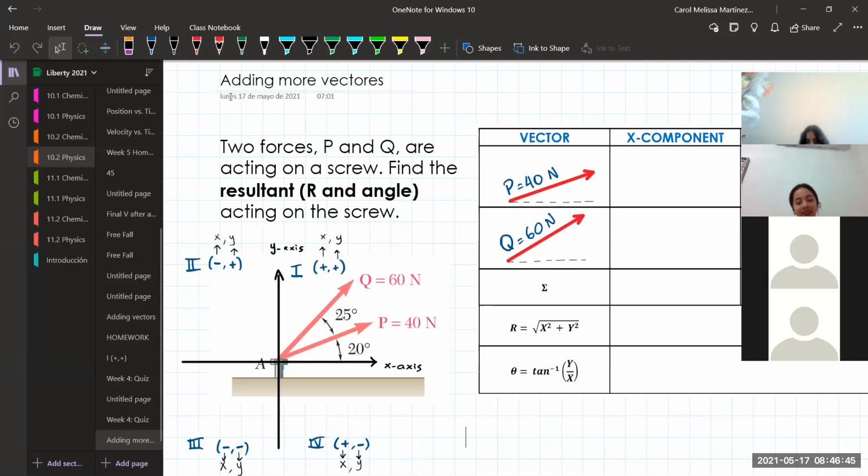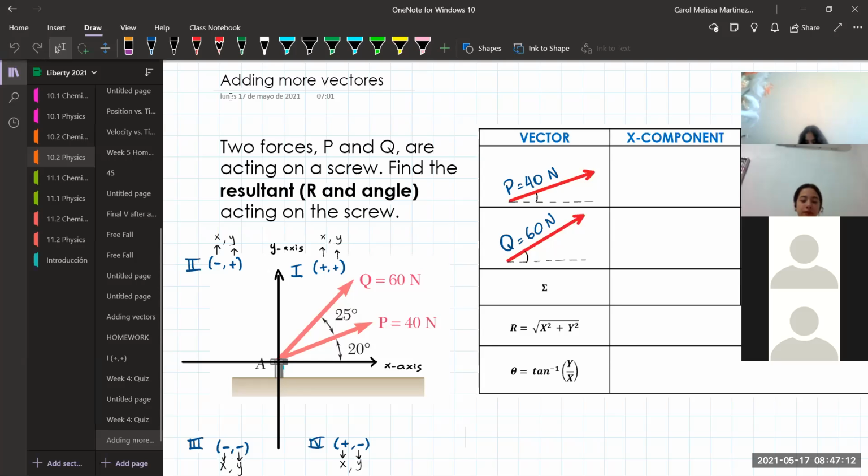As you can see right here, my angle of 20 is measured from the x-axis. And this angle right here is also measured from the x-axis. In other words, this dashed line is telling me that my angle is according to the x-axis.